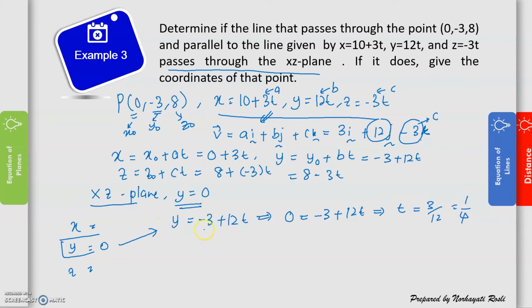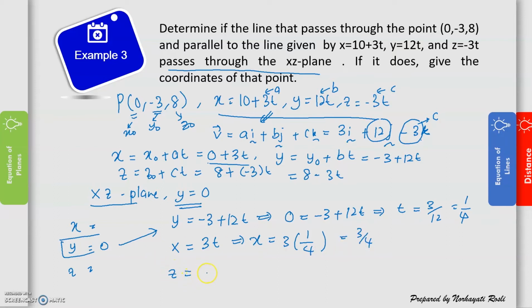Once we have t, we can substitute it into the x and z equations. For x = 3t, x is 3 times 1/4, so x = 3/4.